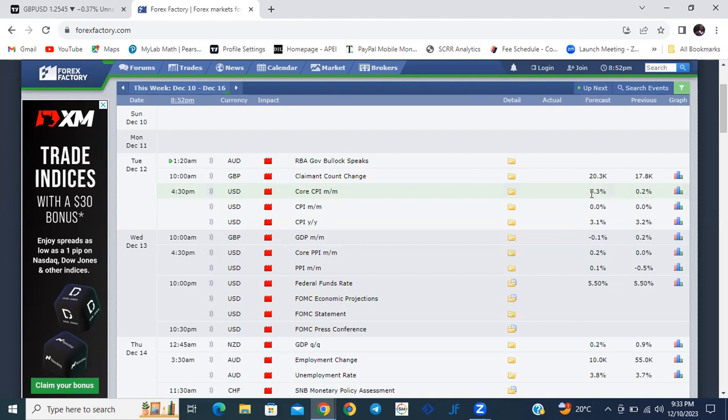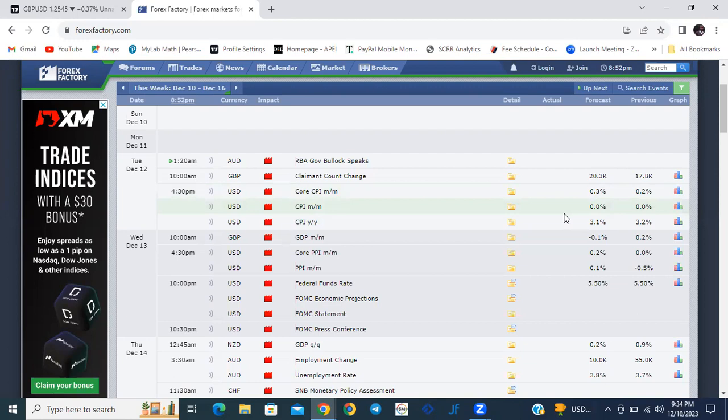So if we have an increase in CPI, then we anticipate that the currency will gain strength because the central bank will tend to increase interest rates in order to try and reduce inflation. Okay, so if there is an increment like it's forecasted here, then this will be positive news for the dollar. The CPI MM, they are projecting to remain constant, 0.00. So if it goes maybe 0.01, then again, it's positive.